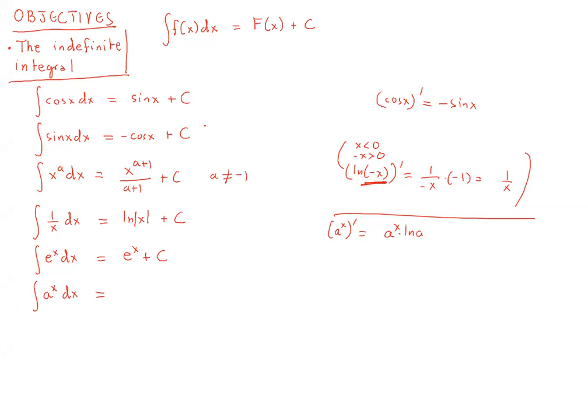So what do we do? You have to divide by that constant in advance so as to ensure that what you have doesn't have the constant, because you will get a to the x ln a times 1 over ln a. And of course, these two things cancel each other. So the antiderivative here is 1 over ln a times a to the x plus c.